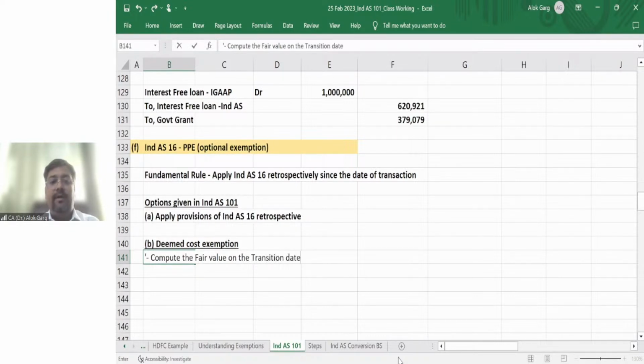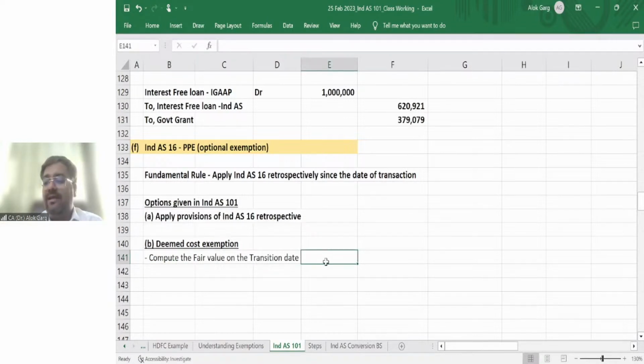But most Indian companies have not computed the fair value on the transition date. Why? Because this computation of fair value is not a simple exercise. It's a lengthy and cost-intensive exercise as well, right?